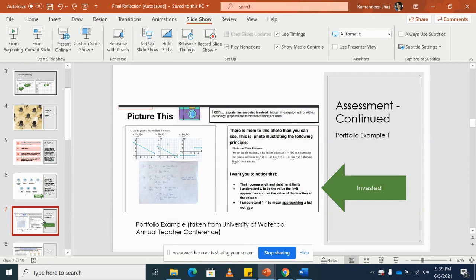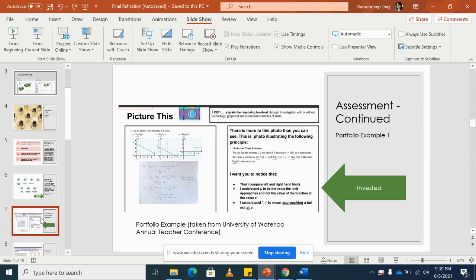For example, for a Calculus 30 class, a student can take a picture of the question that they worked on, and then put the picture, and then they will write three things that they want me to notice about that example. In this case, the student has chosen three things, that they compared the left hand side and right hand side limits, and so on.